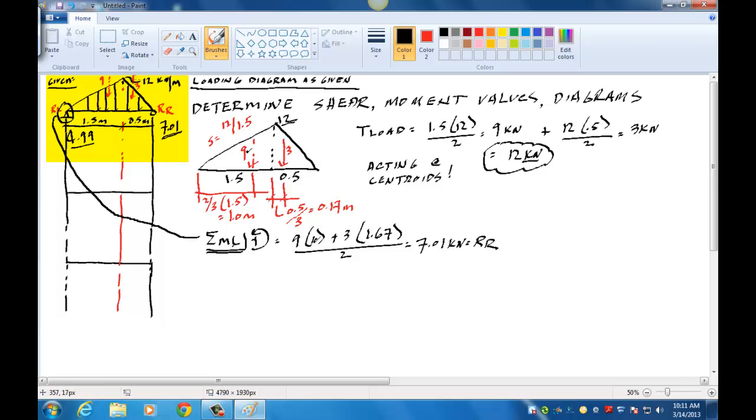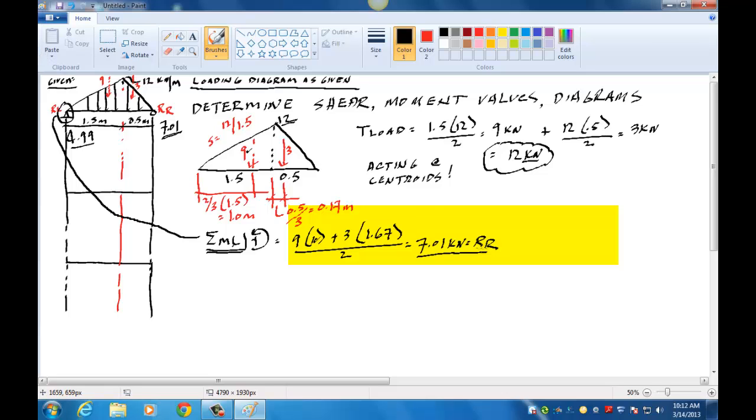And on the other side, from the apex to the centroid is 1/3 of 0.5, which is 0.17. So summing moments about the left, it's 1.5 plus 0.17, so that's 1.67 meters from the left-hand reaction. Summing the moments gives us a reaction at the right of 7.01 kilonewtons.